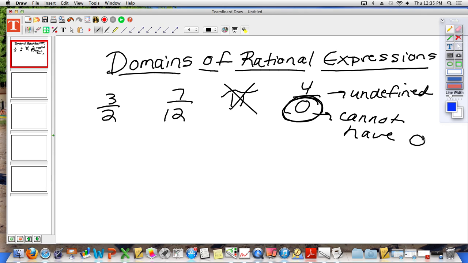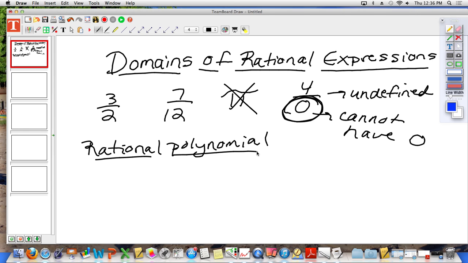So we're not going to talk about fractions forever because that's called middle school. We need to talk about high school mathematics, and we're going to talk about rational expressions in terms of polynomials. An example of a rational polynomial would be something like this: 4x minus 3 divided by x squared minus 7.